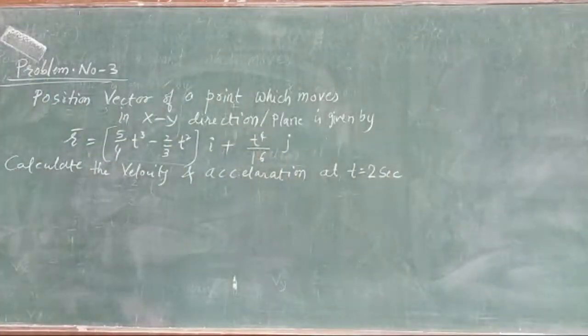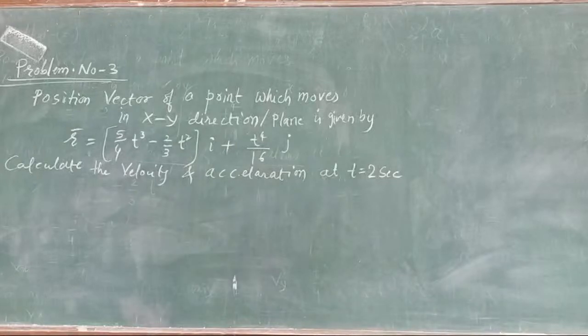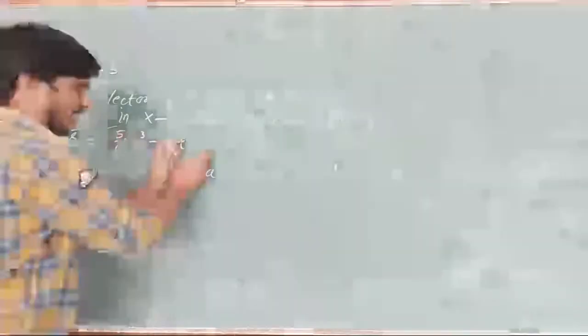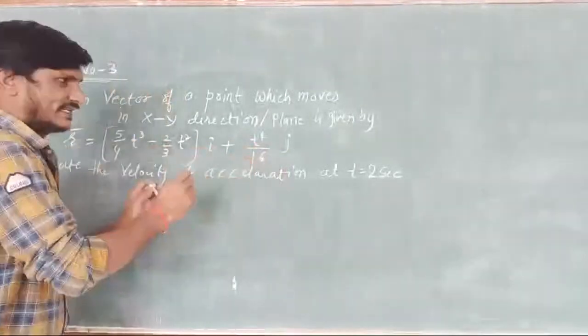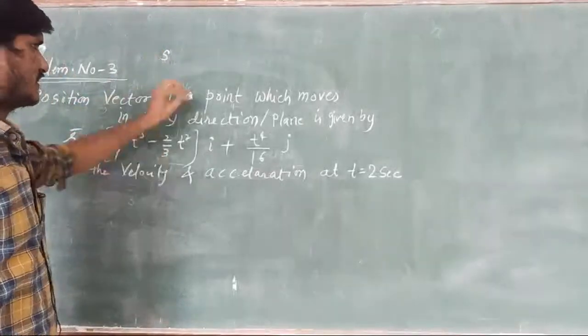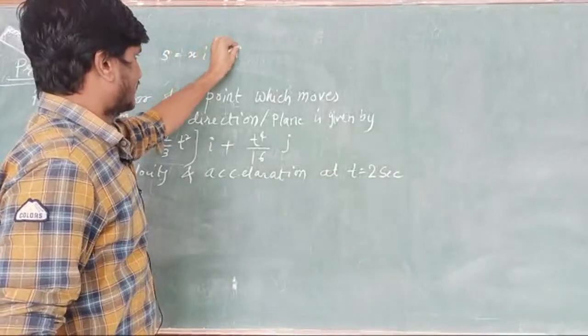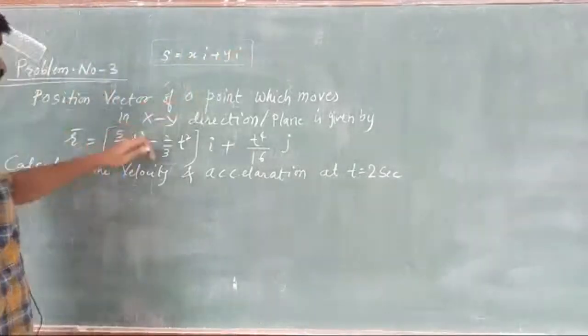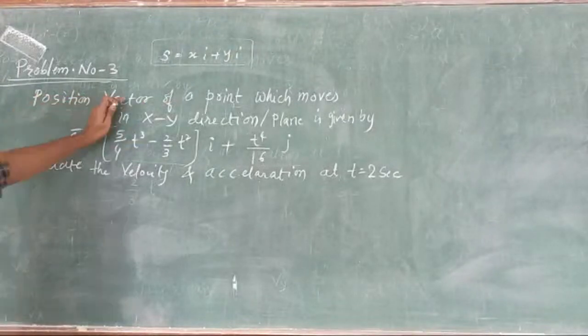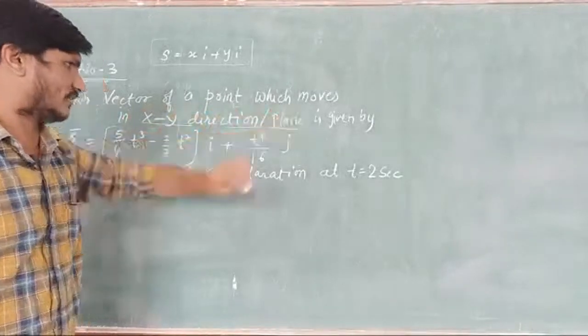So in this question, the distance equation is given in the form where r bar is equal to xi plus yj. In this form the equation is given, the position vector of a point which moves in the xy plane.